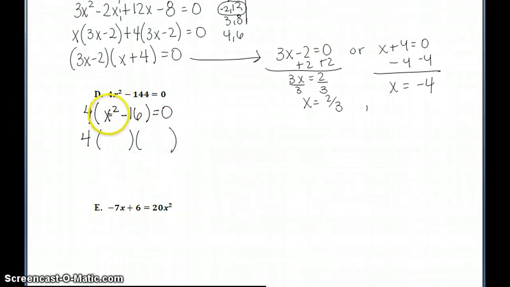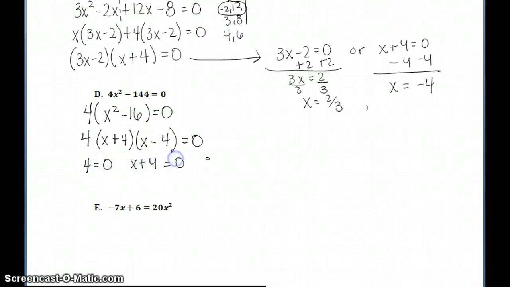My x squared is x times x. My 16 is 4 times 4. And then all I have to do is a plus and a minus in between. This 4, if I do the zero product property and I separate these, I get 4 equals 0, x plus 4 equals 0, and x minus 4 equals 0.